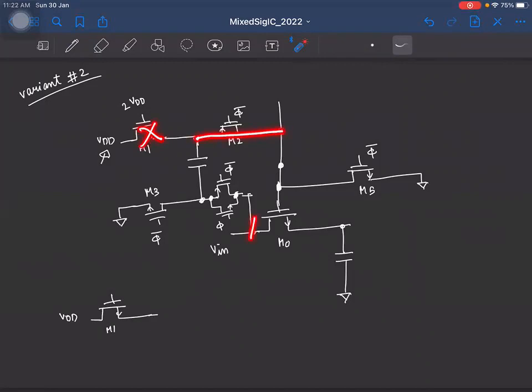This M2 is on. We have this path on, right? So which means this voltage will be Vin plus VDD. And we know this can go as high as 2 VDD. Okay. So to turn this switch M1 off, we do not have to connect the gate to 0 volt, right? So we can simply connect it to VDD, because connecting it to VDD will make sure that the gate to source voltage is 0, right?